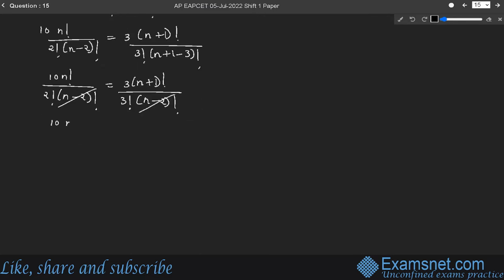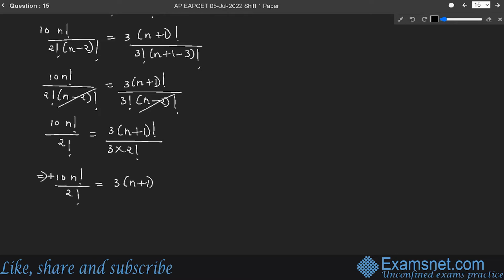So it will be 10 into n factorial upon 2 factorial is equal to 3 into n plus 1 factorial divided by 3 into 2 factorial. And further it can be written as 10 into n factorial divided by 2 factorial is equal to 3 into n plus 1 factorial into n factorial divided by 3 into 2 factorial.